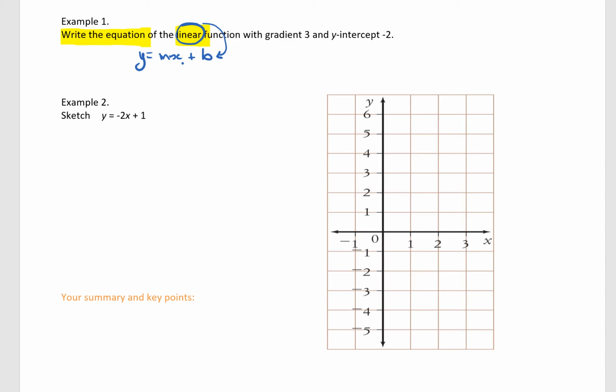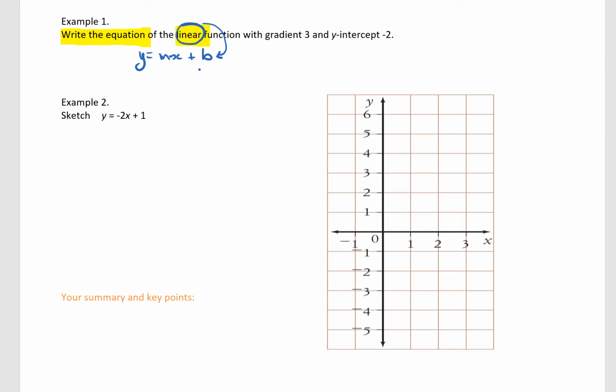So these are the things we're practicing every time we do a question, that we register the word and we connect that to something that we've learnt about that word. So all through this exercise, you're reinforcing that linear in the equation form is y equals mx plus b.